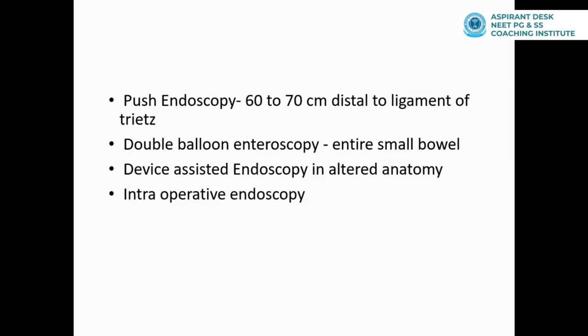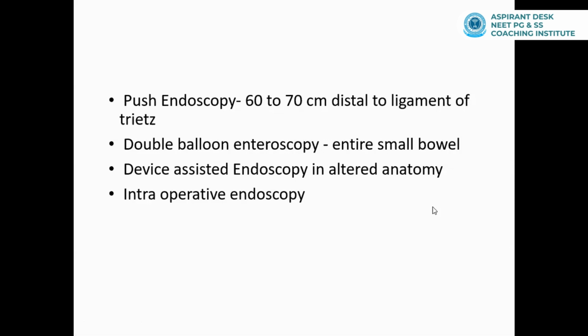And the second thing is double balloon enteroscopy. In that case, we could screen the entire small bowel, unlike push endoscopy, where we could only screen 60 to 70 centimeter distal to the ligament of Treitz. The entire small bowel could be screened in double balloon enteroscopy.